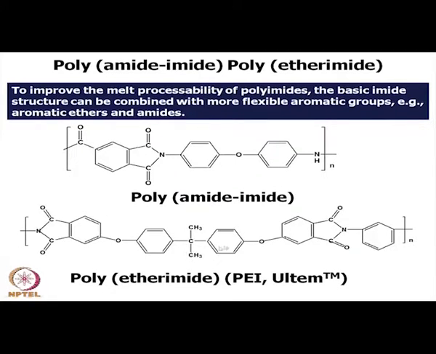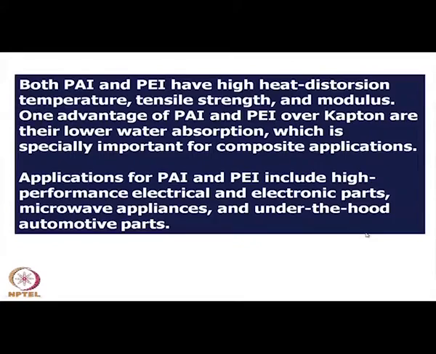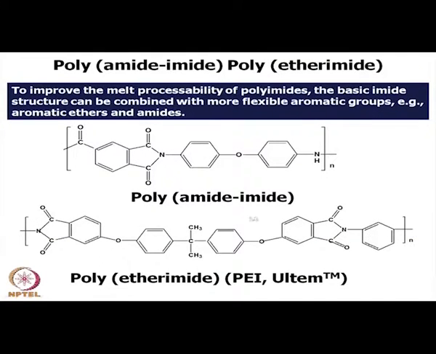Here this is a polyimide having ether linkage, and this is a polyimide as well as amide having ether linkage. So it shows the tailorability of such polymer materials depending on the requirement of properties, say thermal properties, mechanical properties, chemical resistance properties, radiation resistance properties.